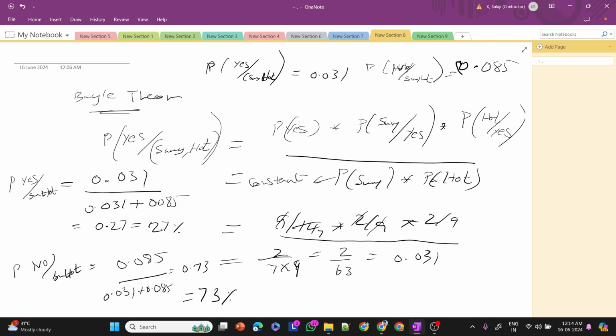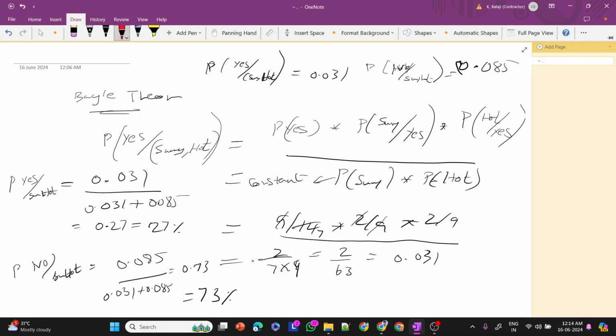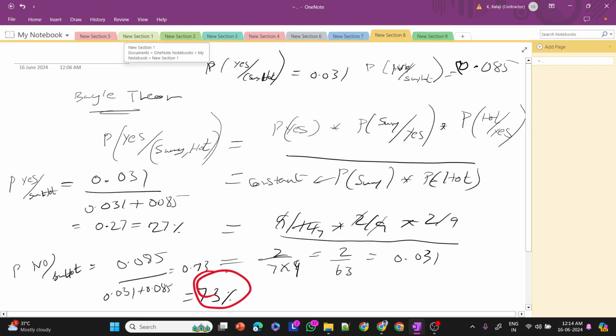So the final output is no, because the output is no. When it was sunny and hot, the player does not play the game. It was the prediction and the conclusion for this problem.